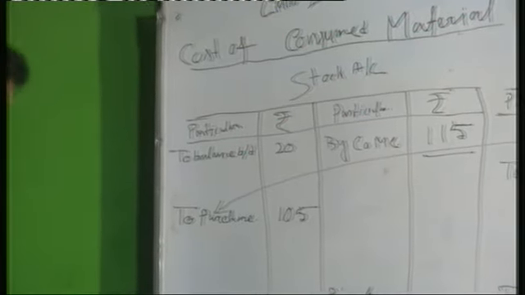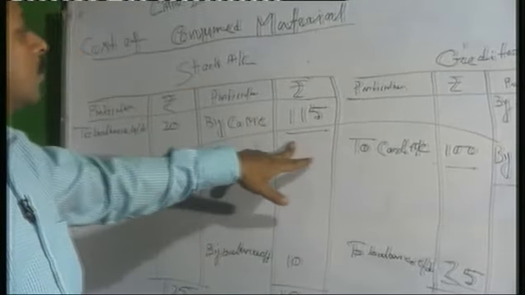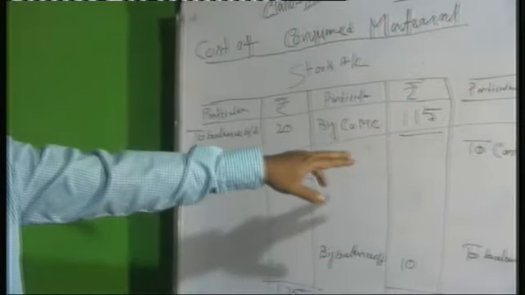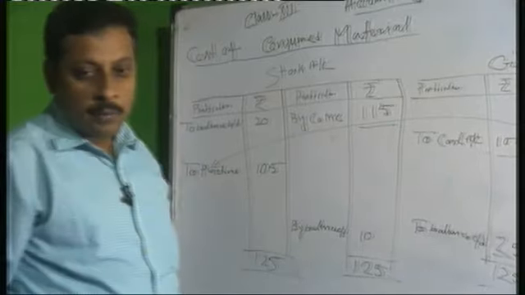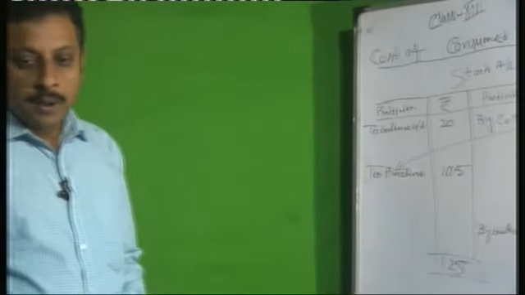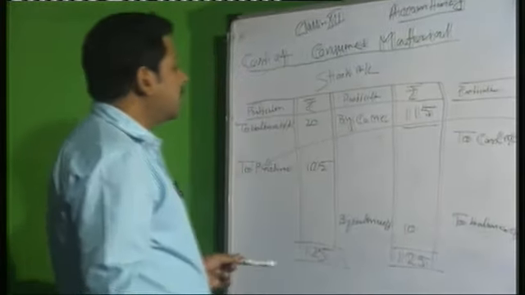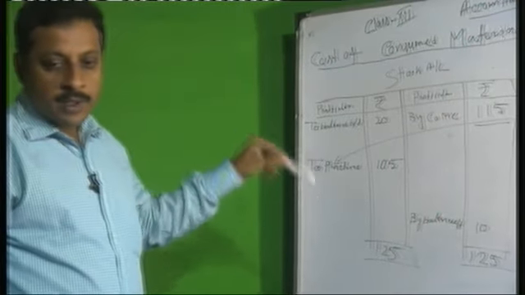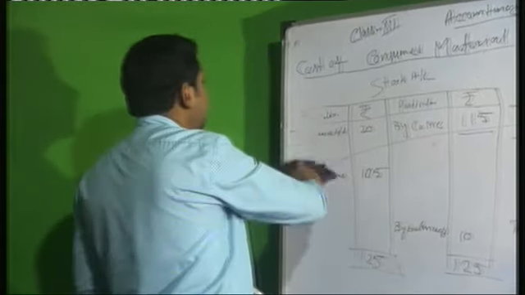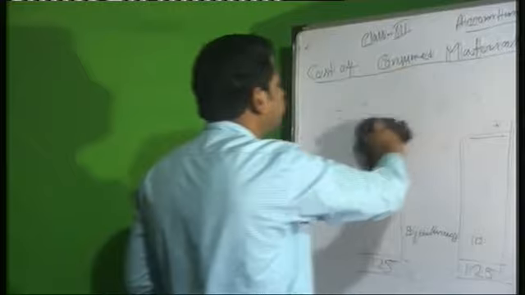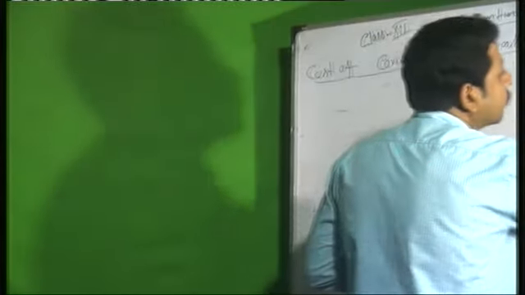Though we have paid creditors rupees 100, we consumed goods whose cost is 115. Now I hope you understand. This is the best way you should understand how to get the cost of material consumed. Now we'll take an example and see how the problem will be solved.